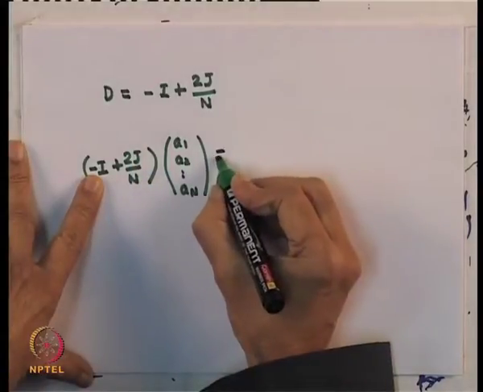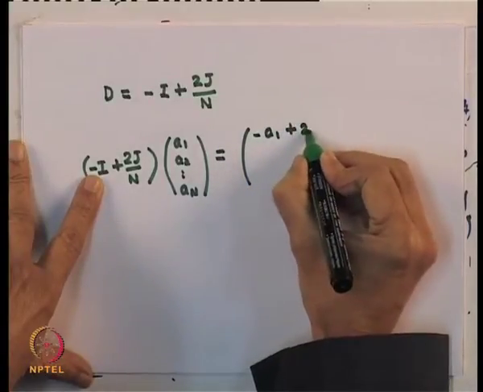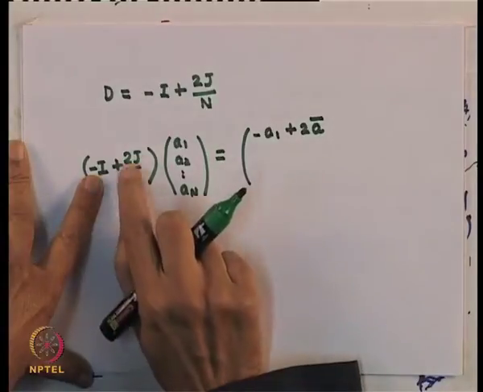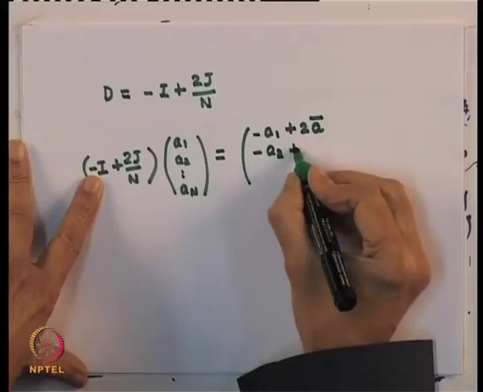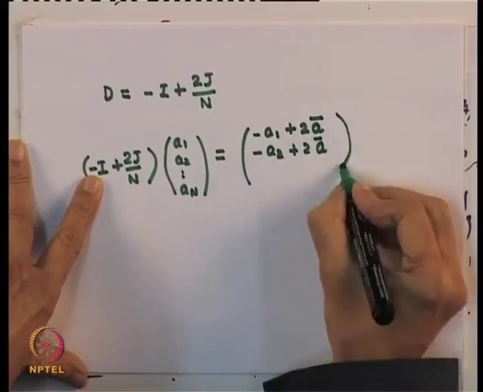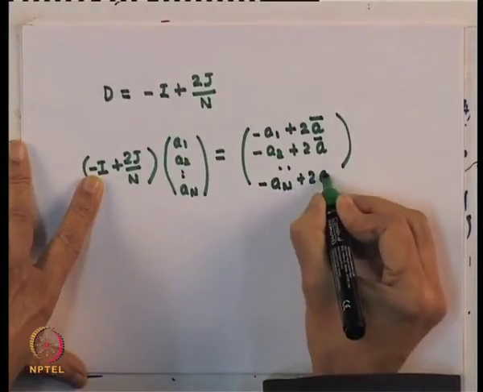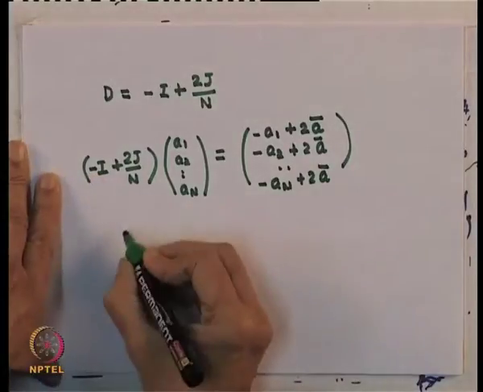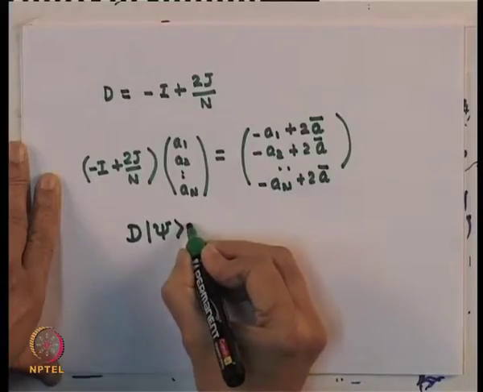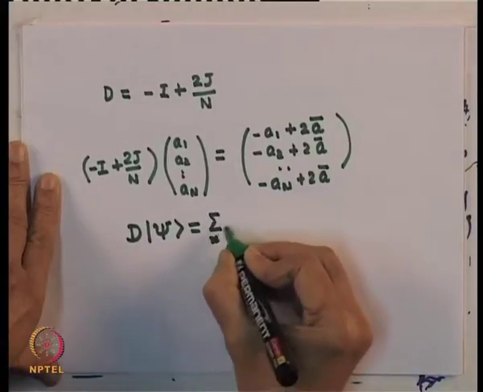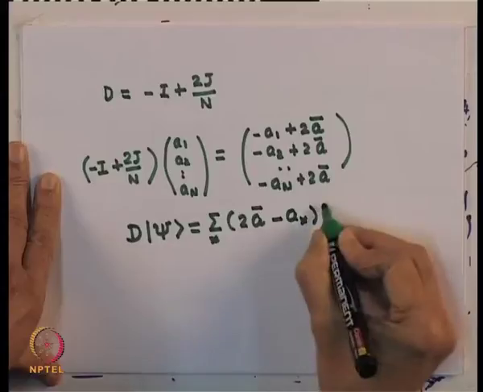So what this gives me is minus A1 plus 2 times the average, because 2J by n acting on this gives minus A2 plus 2 times the average, etc., right up to minus An plus 2 times the average. So what it means is that this diffusion matrix acting on psi is giving me the sum over x of (2 A bar minus Ax) acting on x.